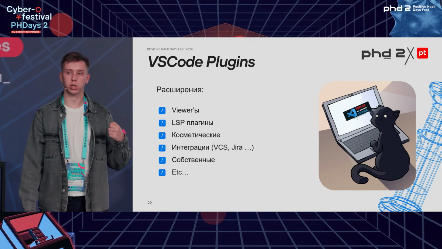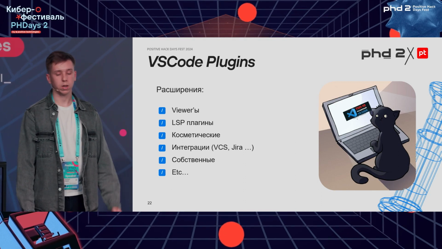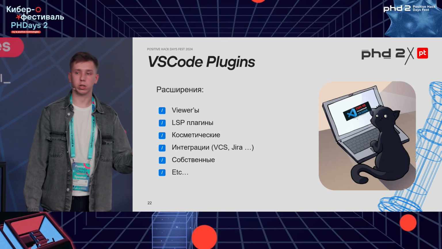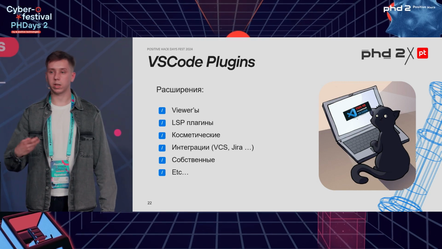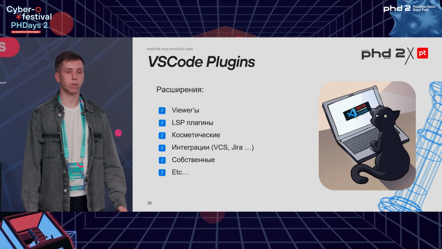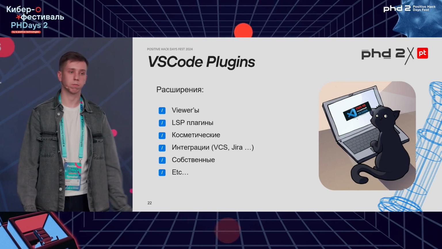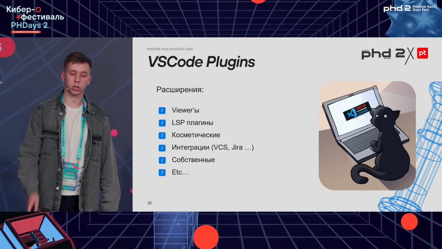They effectively enable you to work with this or that programming language, because application inspector can work with so many different programming languages, and Web IDE should also support them. Cosmetic plugins, we're not really interested in right now, although they are available. There are also plugins for integration with various services, such as version control systems and tracking systems and Jira and so on.